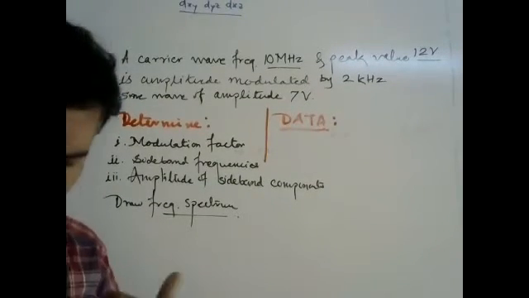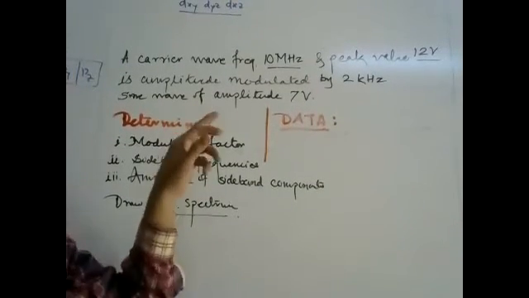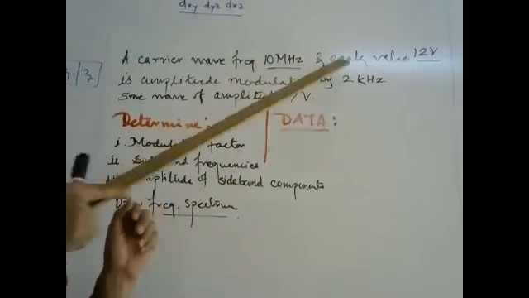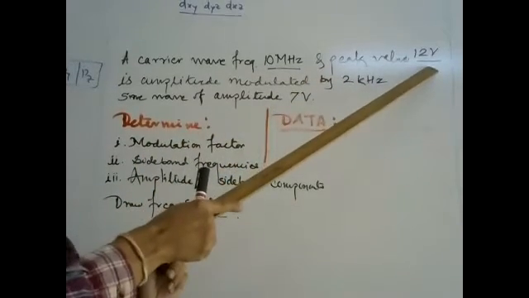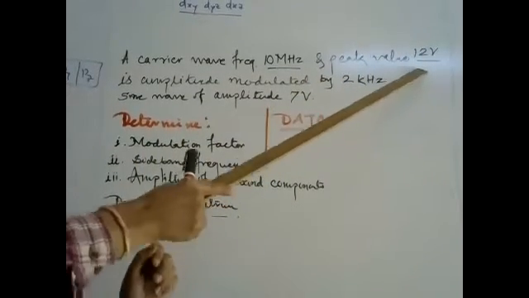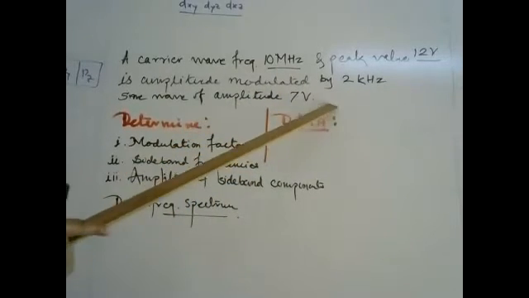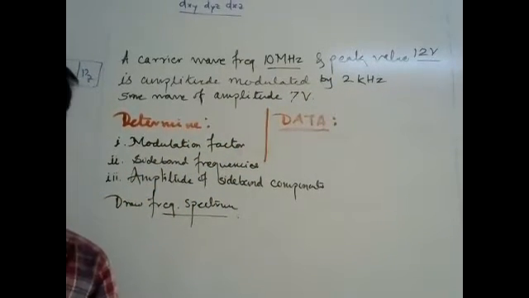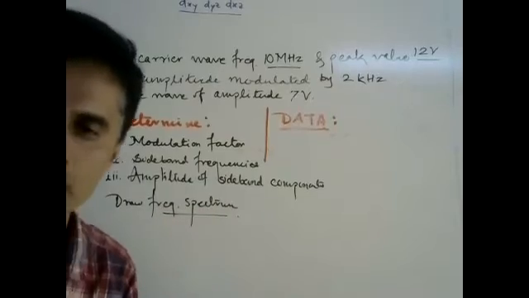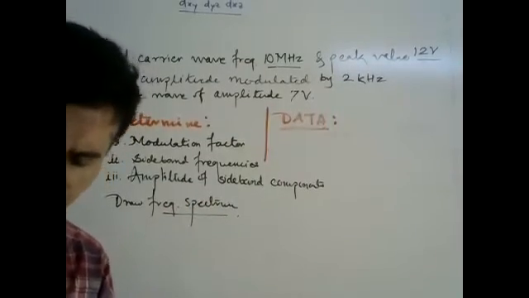In this case, the carrier amplitude is about 12 volt. And what is the signal amplitude? It is about 7 volt. Carrier amplitude is denoted by EC.